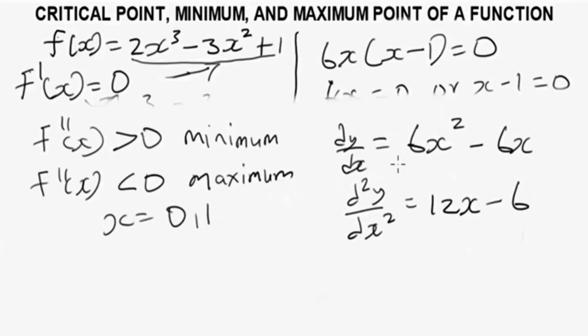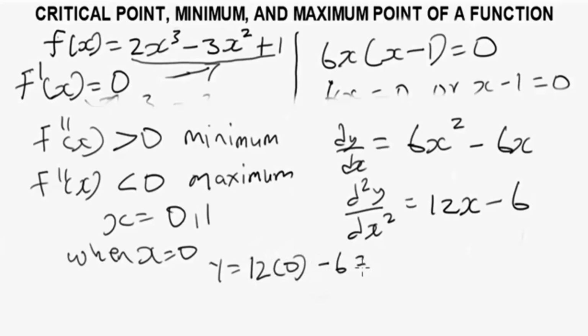So let's check the value that will give us a number that is either greater than 0 or less than 0. So when x is 0, the second derivative, let's substitute it here: 12 times 0 minus 6, which will give us negative 6.